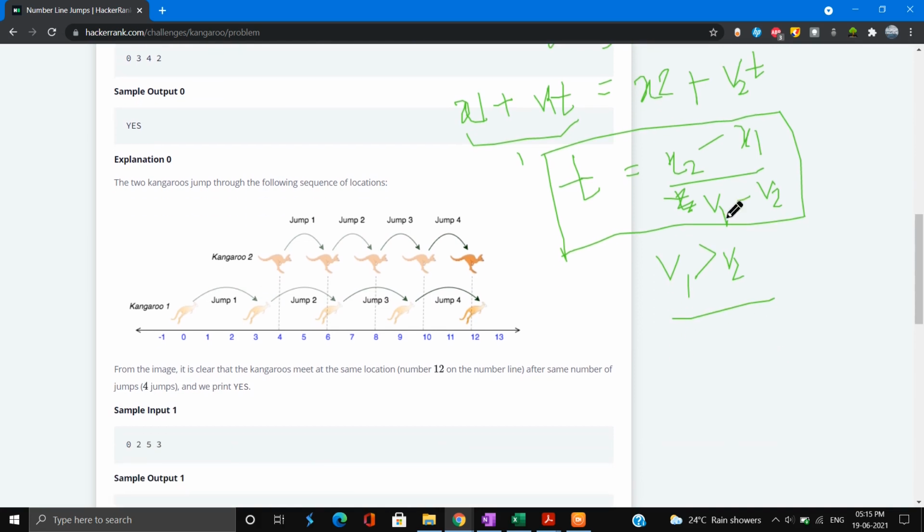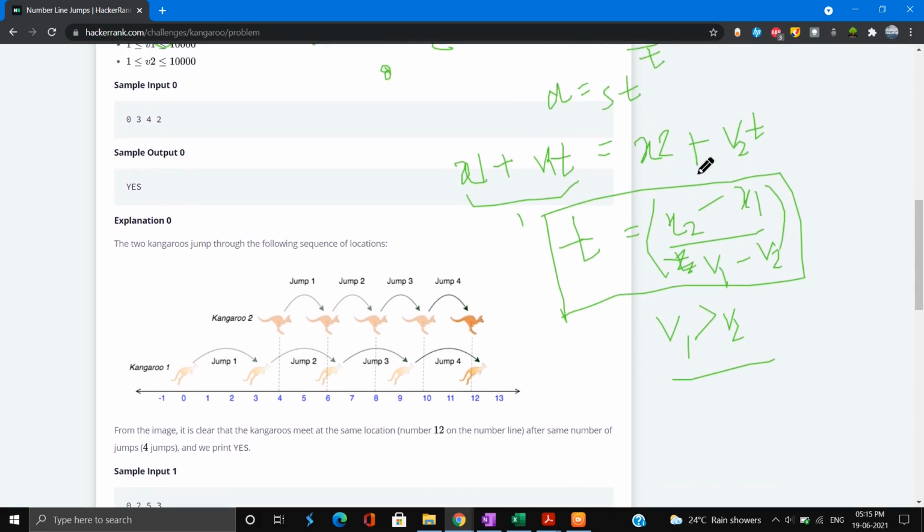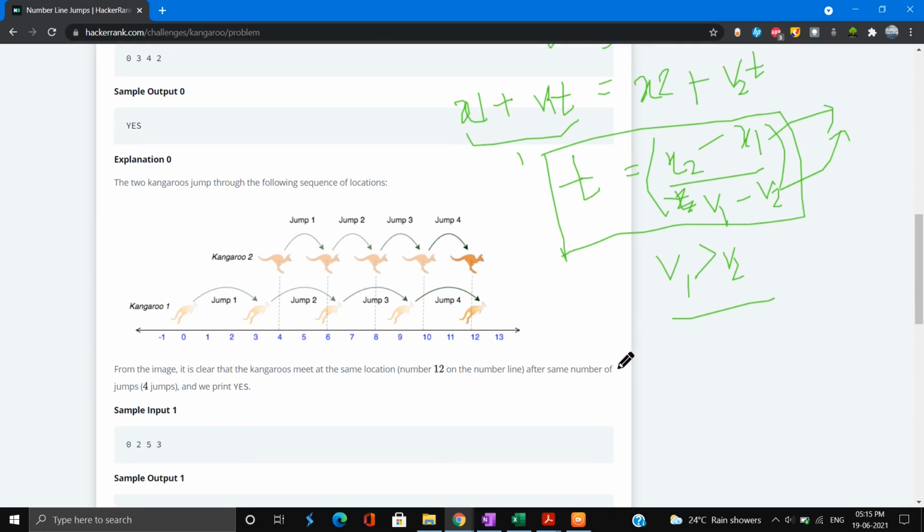And the second constraint, we can check that this should be an integer. So when can a fraction be an integer? When the numerator and the denominator are divisible by each other. How do we check the divisibility of two given numbers?